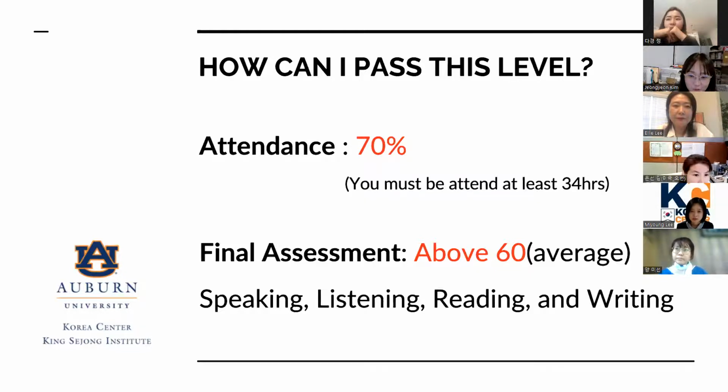Don't miss your class too many times. And for some reason, if you can't make it to the class, please communicate with your instructor, email your instructor so they know that you will not be there. And the second one, final exam. The final exam will cover the speaking, reading, listening, and writing sections.